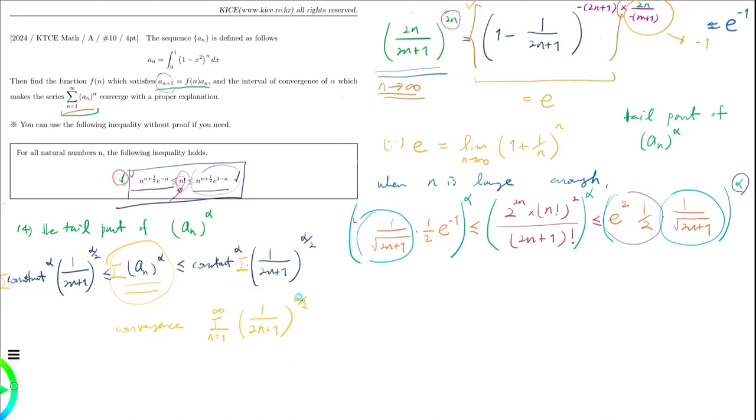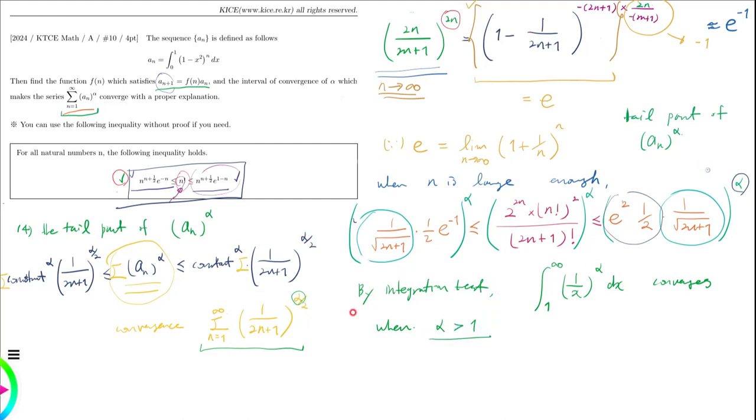So alpha is determined by making this series converge to some number, and we know that by the integration test, the integral of 1 over x to the alpha power dx from 1 to infinity converges when alpha is strictly greater than 1.